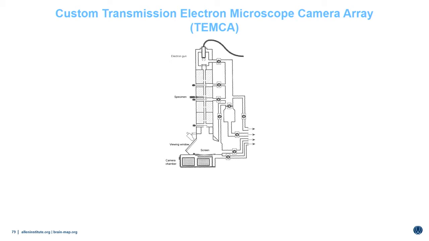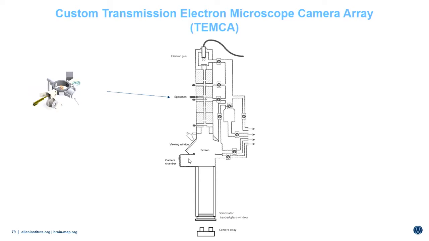So here's a good cross-section of basically what we're designing here. They're called TEMCAs. This is a transmission electron microscope camera array, TEMCA for short. So you have your standard electron microscope here, the specimen that would normally be manually inserted in this area right here. And so we're going to take that out, essentially gutting that part of the microscope, inserting our own reel-to-reel system.